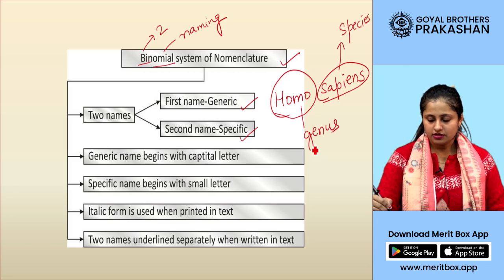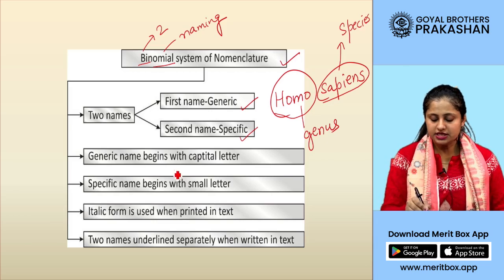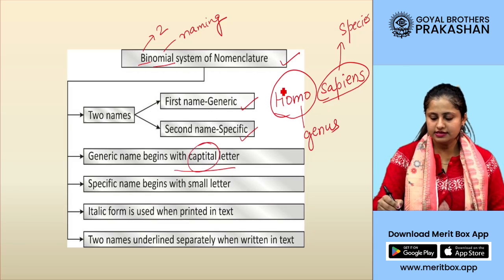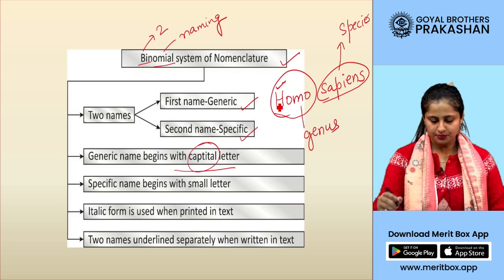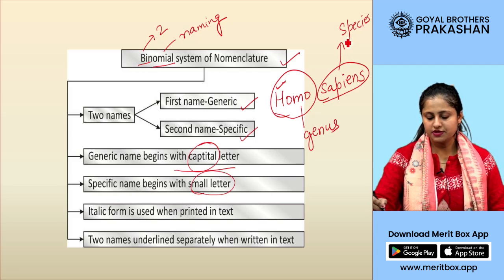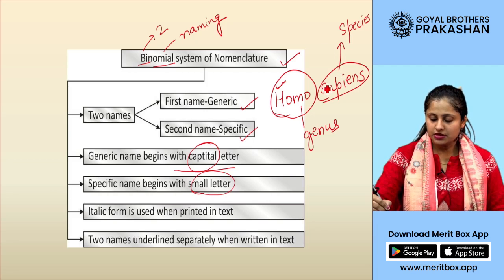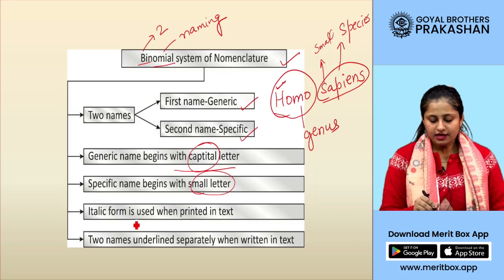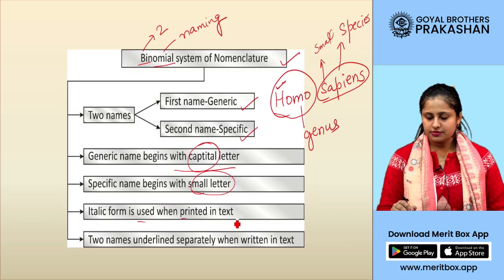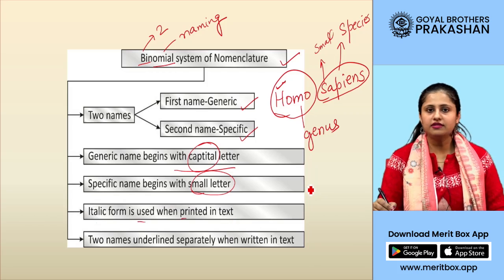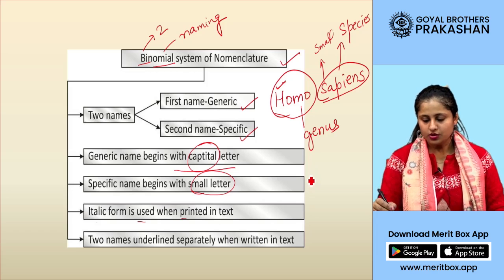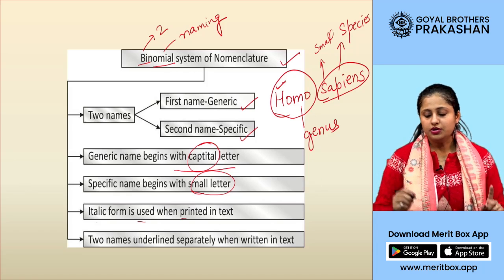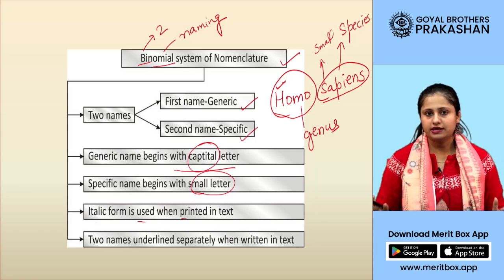So, the generic or genus word begins with a capital letter, that is H is the capital letter. Specific name begins with the small letter, that is small s. Now, italic form is used when printed in text, but in exams we cannot write in italics, so we should remember to keep them underlined separately.